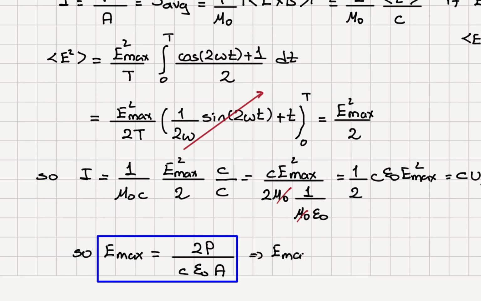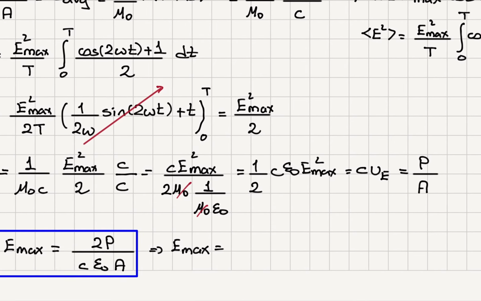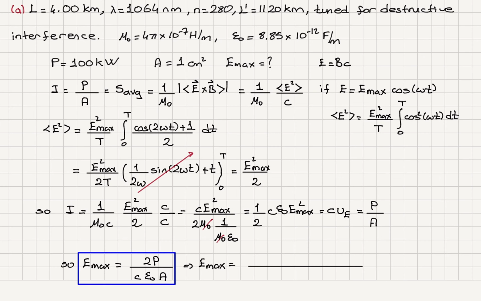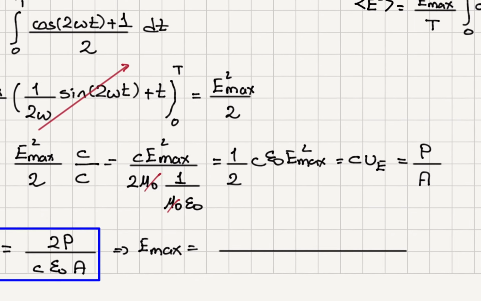E max is equal to... Now, how much is the power? It is 100 kilowatts. So it's going to be 2 times 100 times 10 to the 3 watts.